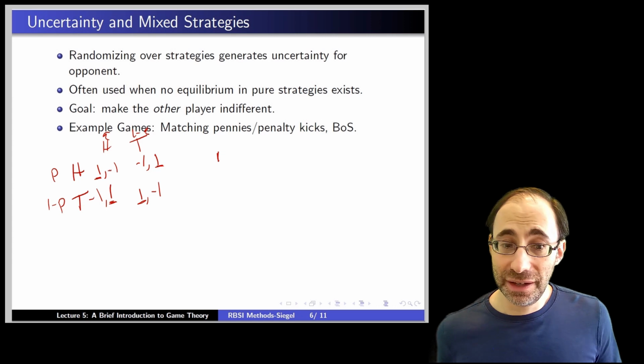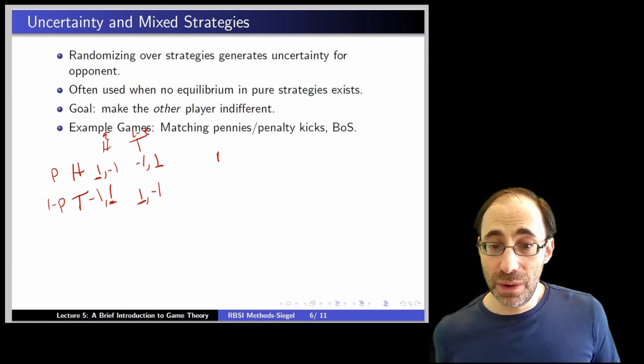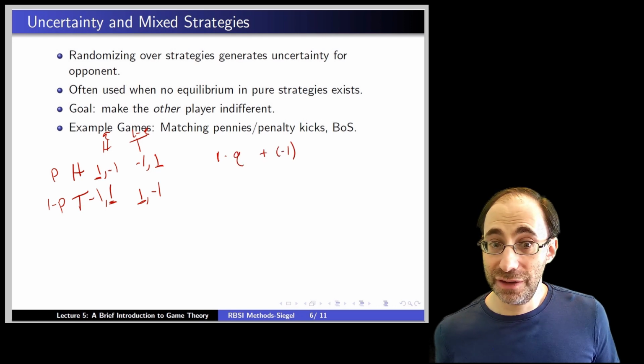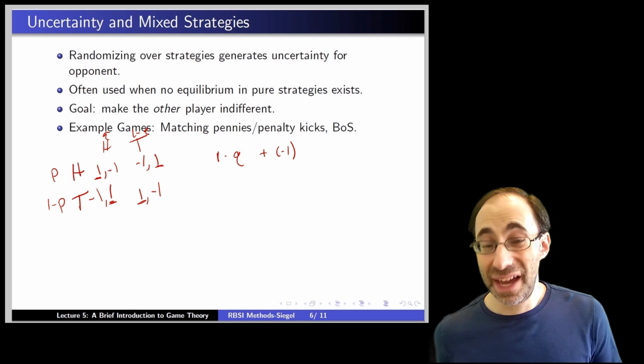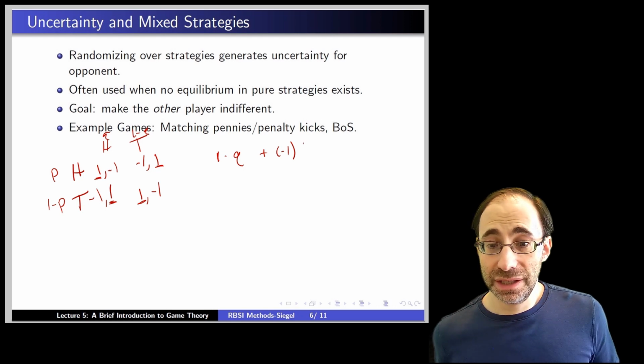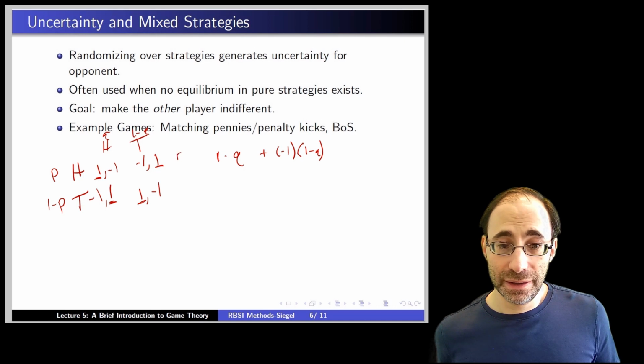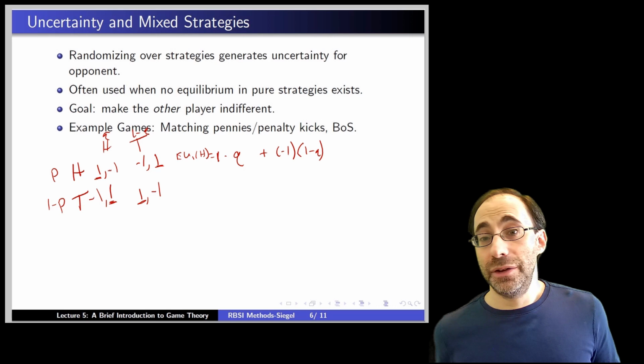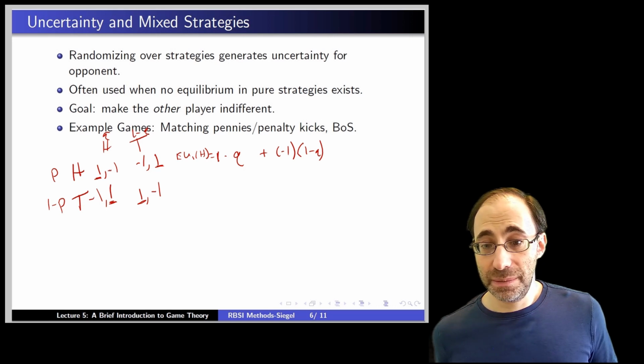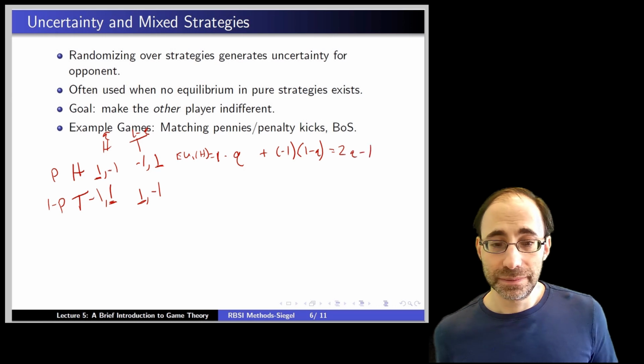So the expected utility of heads is going to be 1 times the chance of player 2 playing heads plus the utility of playing heads when player 2 plays tails times the chance that player 2 plays tails, which is this. So this is the payoff to player 1 for playing heads. And you can simplify this. That's a Q. This is a minus 1, and that's a plus Q. That's equal to 2Q minus 1.